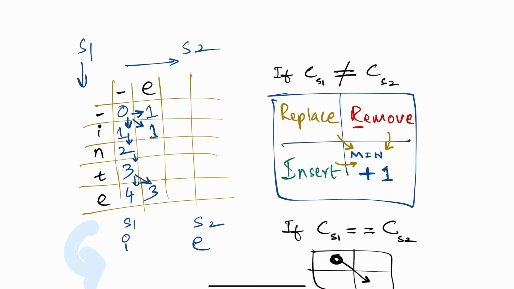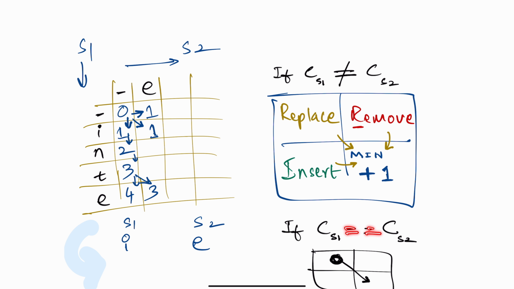This is all about this operation, which is a diagonal. Diagonal means replace, in case C1 is not matching with C2. If both are matching, copy the values as it is, which was there on the diagonal top window. Now, every operation, remember, we are going to take these three values into consideration, take the minimum value and do the next operation.